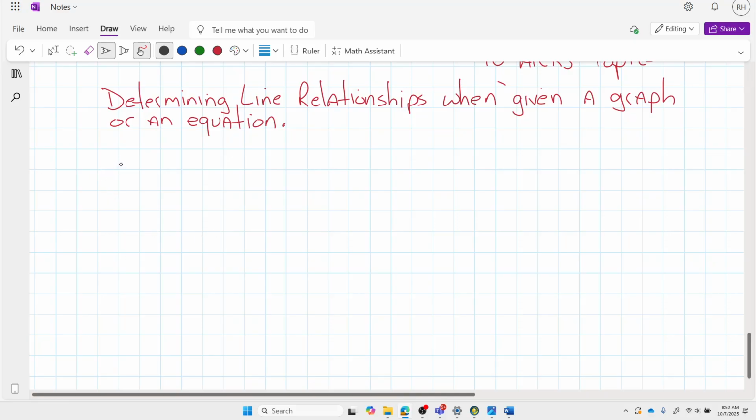So let's do this little table here. All right, let's call this column slope of line number 1, and this column will be slope of line number 2, and then in this column we're going to call it relationship.